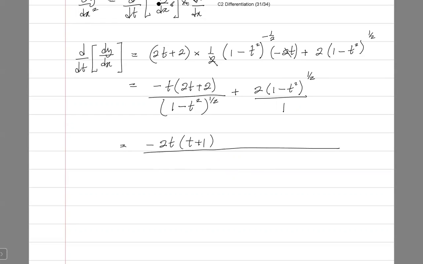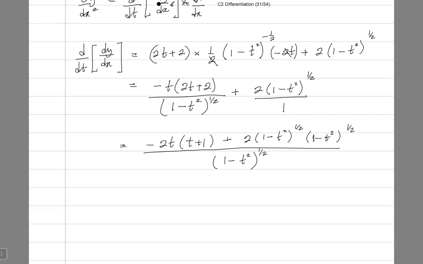The LCM is 1 minus t squared raised to the 1/2 power. Now this into this goes 1 times the numerator, give it back the numerator, plus this into this goes that, so it's going to be 2 times the numerator, 1 minus t squared to the 1/2 power, multiplied by 1 minus t squared to the 1/2 power.